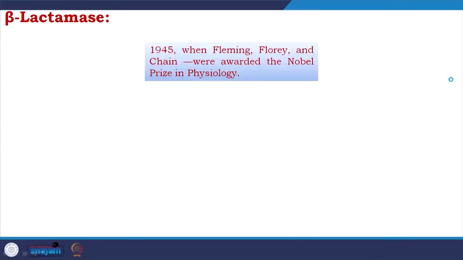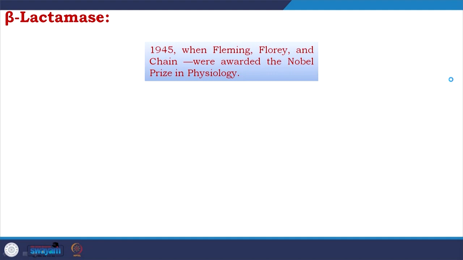In 1928, Fleming invented penicillin. In 1945, Fleming, Florey and Chain were awarded the Nobel Prize in Physiology for their innovation of the first universal antibiotic and getting its mechanism.